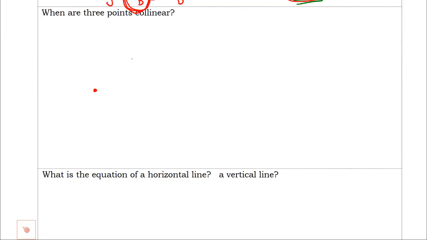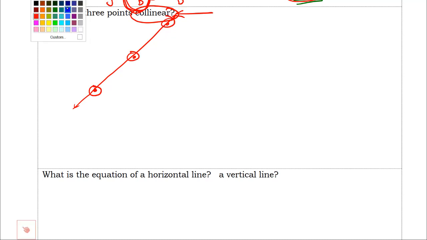Now, if I have 3 points that are what? Collinear. They're all on same line. There are 2 ways to prove that 3 points are collinear. Graphing is not one of them. You and I both know our graphs aren't that good. So can someone give me one way to show that 3 points are collinear?